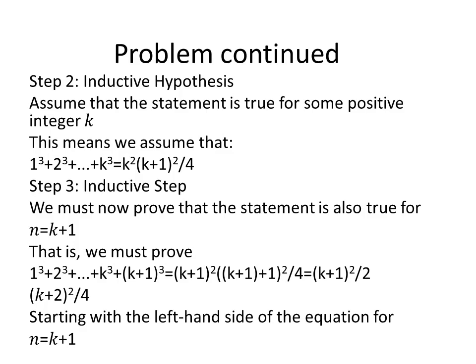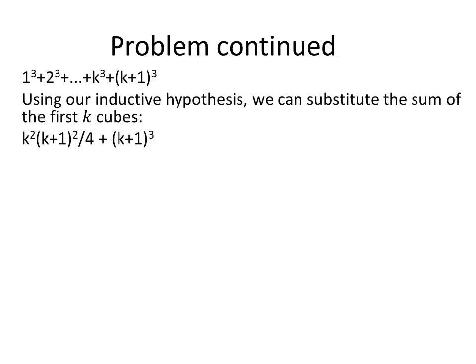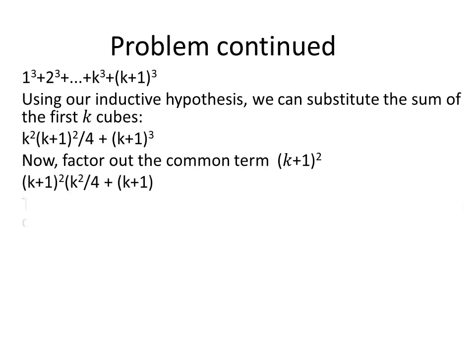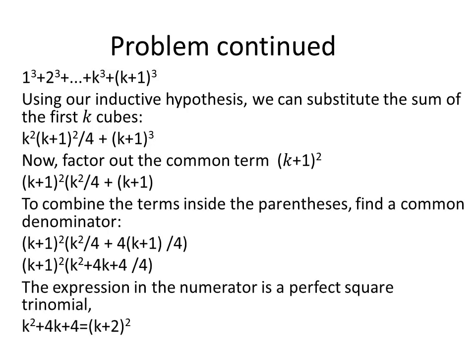Starting with the left hand side of the equation for n equal to k plus 1. From the previous slide we have 1 cube plus 2 cube plus so on to k cube plus k plus 1 whole cube.